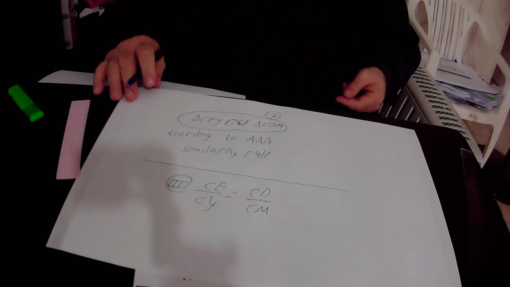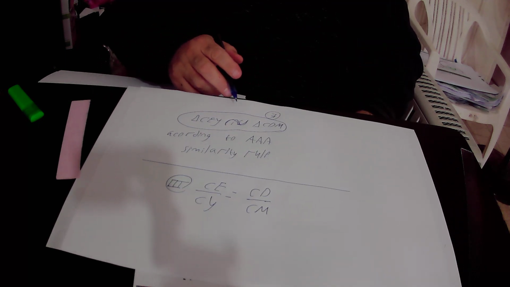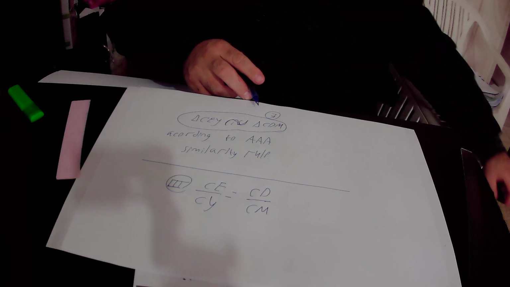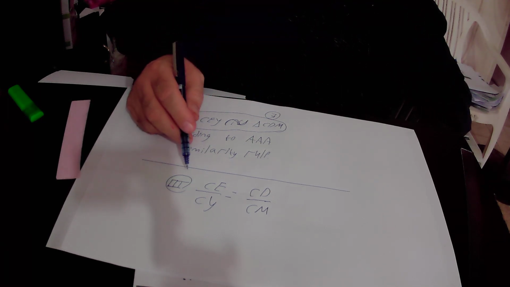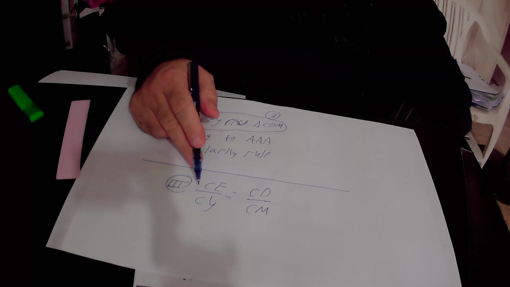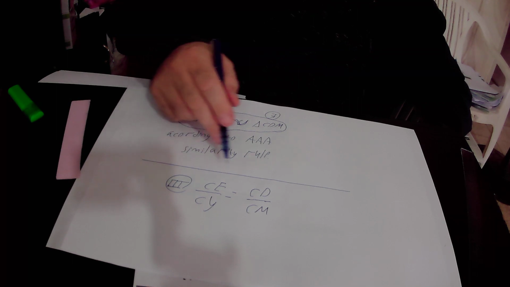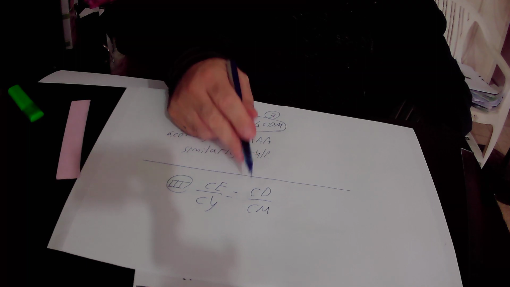I'll repeat again, from the fact that triangle CEY is similar to triangle CDM, we conclude that CE over CY in triangle CEY is equal to CD over CM in triangle CDM.